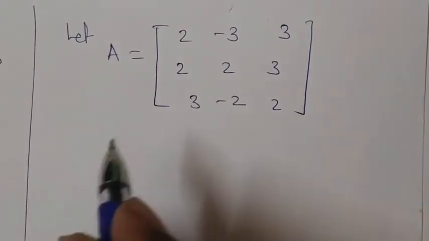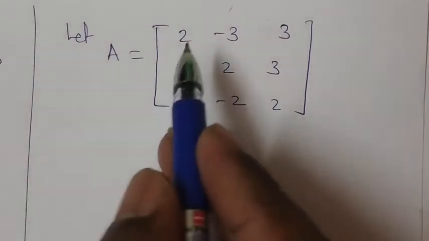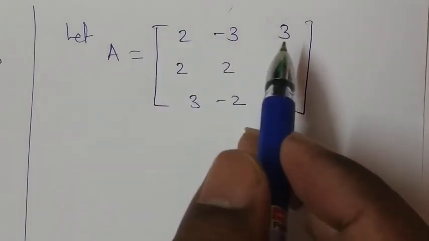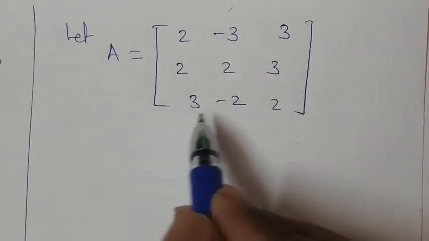So we write A as a matrix: 2 minus 3 3, 2 2 3, and 3 minus 2 2.